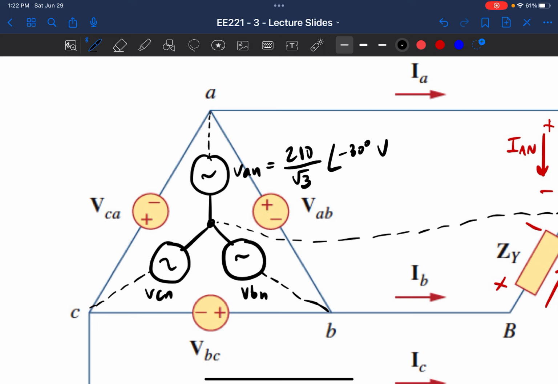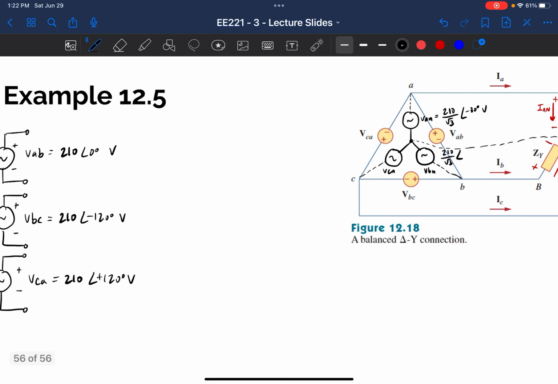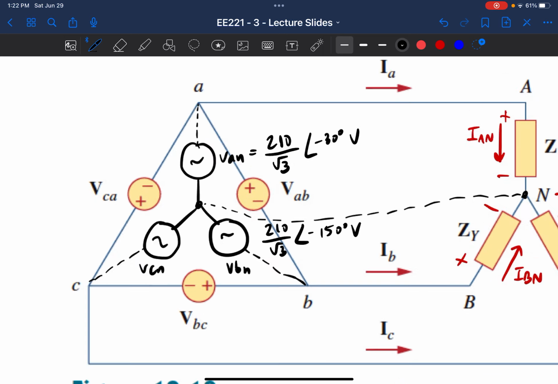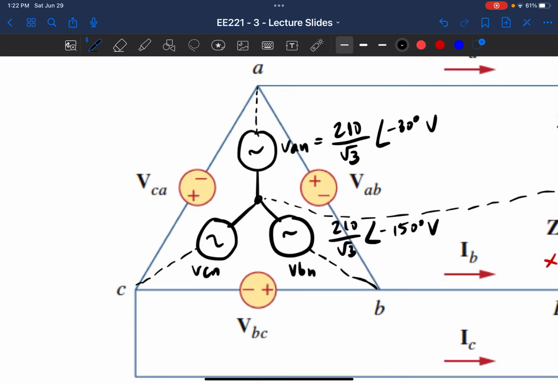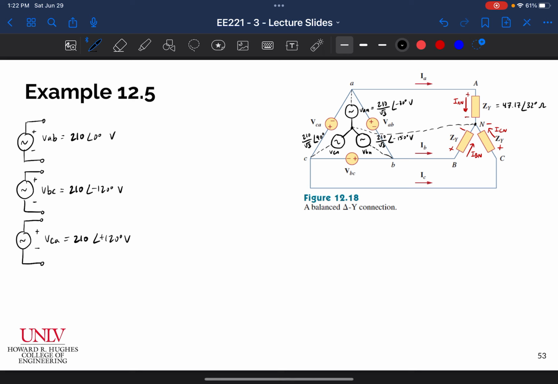VBN, similarly, is the same magnitude, 210 divided by √3, and the angle is going to be the angle of my BC source, which is negative 120, but I have to subtract 30 from that, so I'm going to get minus 150 degrees volts. VCN, I'm sure you could have guessed, is going to be 210 divided by √3, and the angle is going to be 30 plus 120, which is just going to be 90 degrees. Okay, and so that is my equivalent Y-connected source.